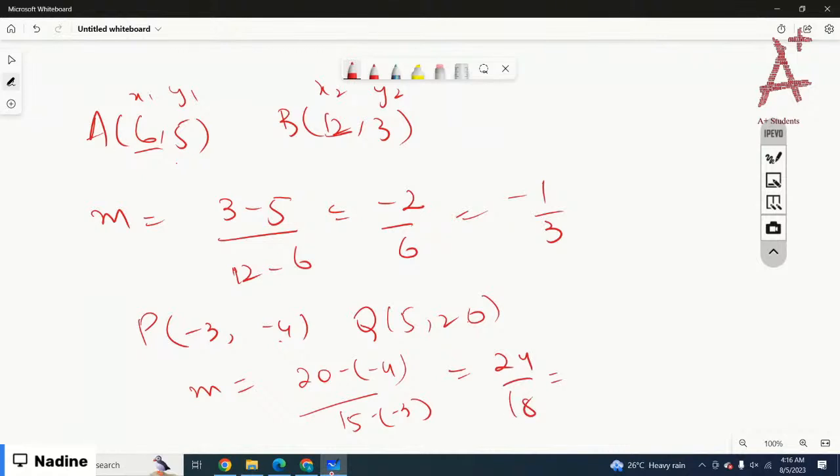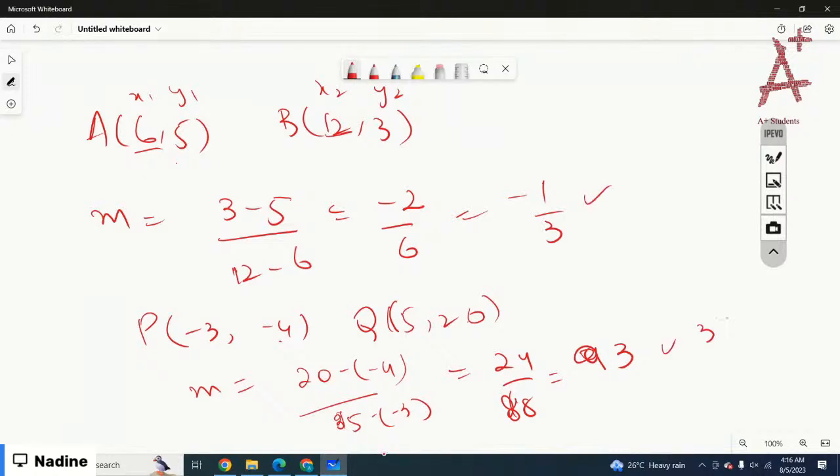5 plus 3 is 8. 8 times 3 is 24, right? Okay, just look at the slopes.